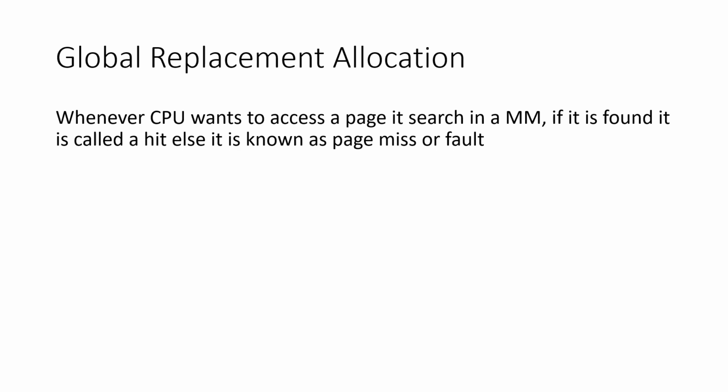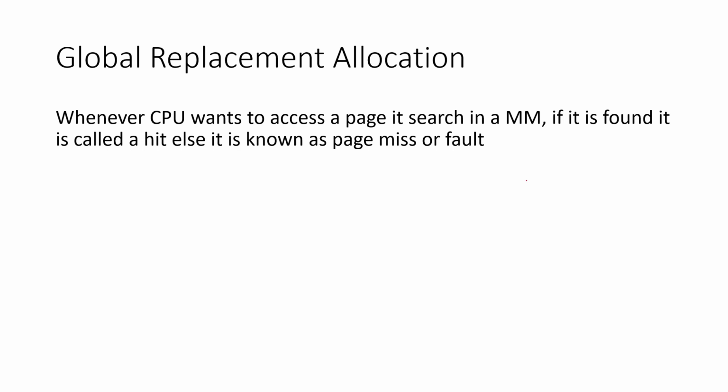The frame is allocated to the page, and global replacement allocation allows selecting a frame from the list of all the frames even though the frame is allocated to some other process. So process P1 can take a frame from P2 and vice versa.